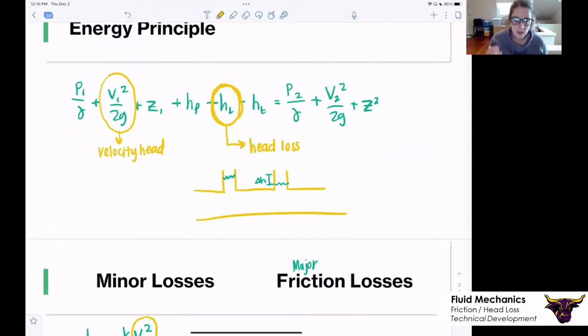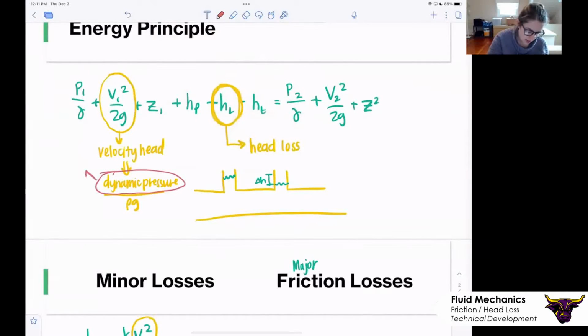And if you remember what velocity head is equal to, dynamic pressure over rho g. And our dynamic pressure here is equal to our kinetic energy per volume. So basically, our velocity head is a measure of our dynamic pressure, which is a measure of our kinetic energy per volume. Really, we're just measuring that pressure or head that is due to the movement of the fluid.